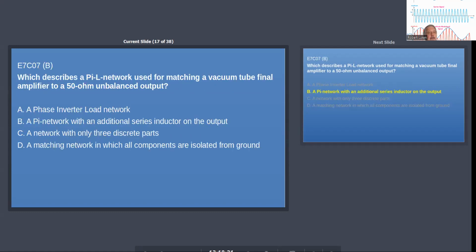So which describes a pi-L network used for matching a vacuum tube final to a 50 ohm unbalanced output? Additional series inductor on the output.